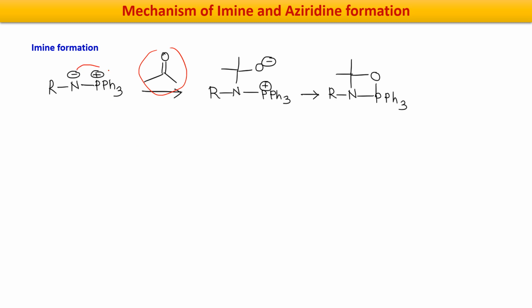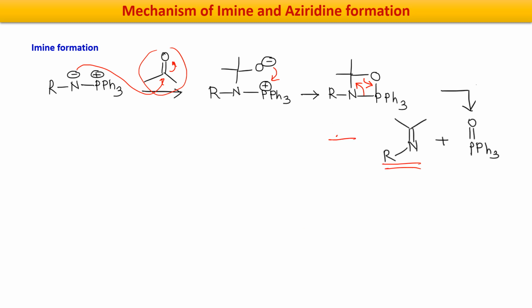So this negative charge can attack here. There will be negative charge over oxygen. This negative charge can attack this P plus, and finally there will be 4-member ring formation.